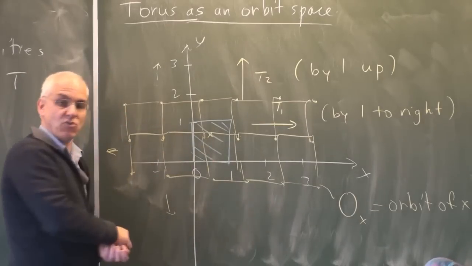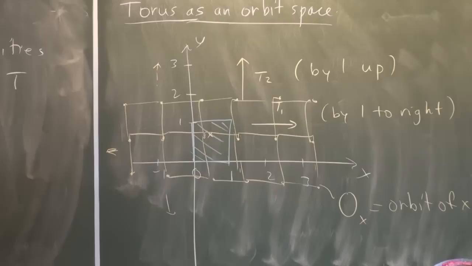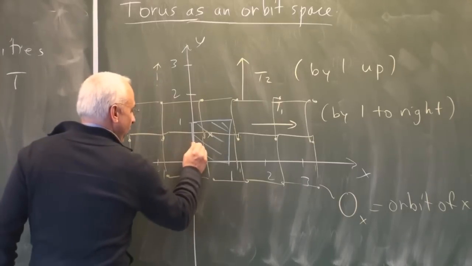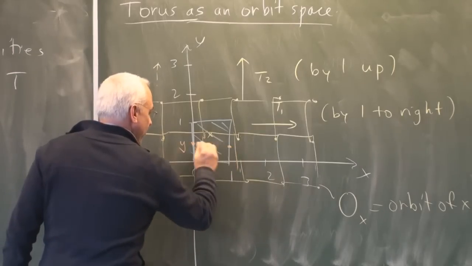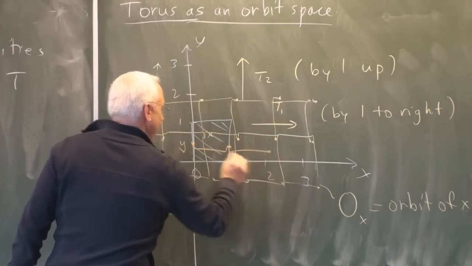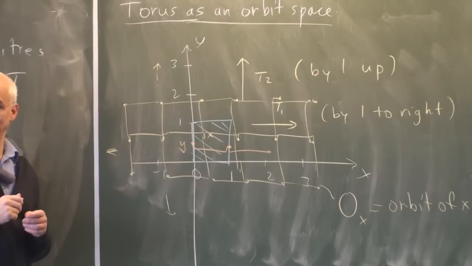Most of them meet it in just one point. There's a few orbits that meet it in 2 points. For example, if I chose the point y there, then this would also be in its orbit. So these 2 points would both be in the square and in the orbit.